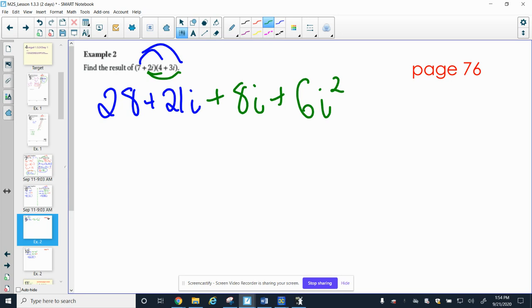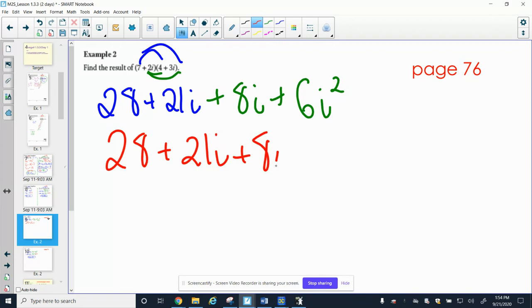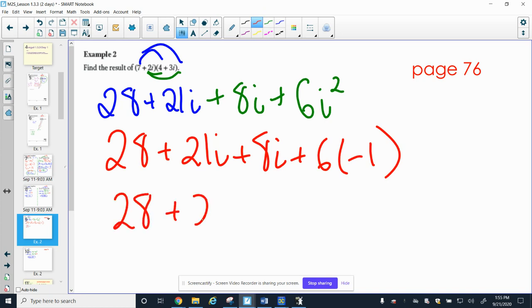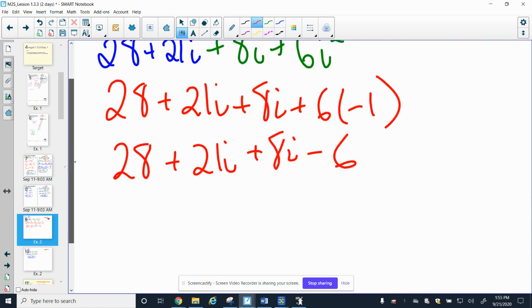And we can't have powers of i in there. So we're going to rewrite that i squared as -1. 28 plus 21i plus 8i plus 6 times -1. Well, 6 times -1 is just -6. And then it's just a combining like terms problem to make this as simple as possible.